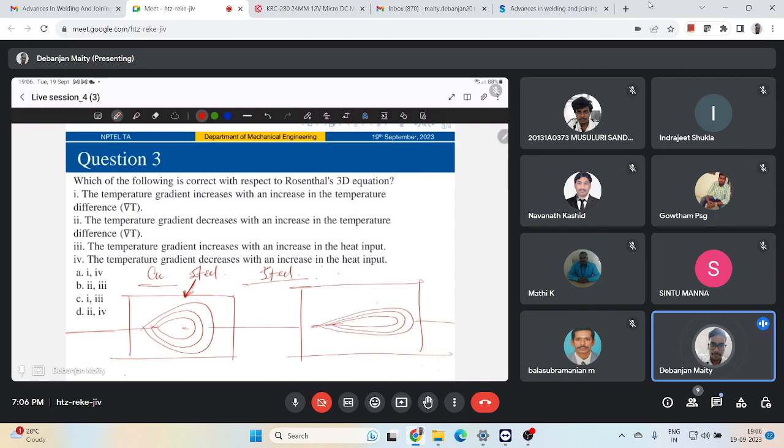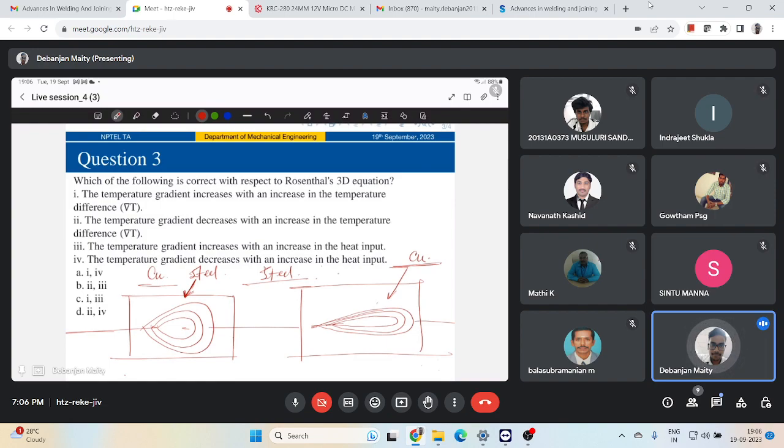That's why it will have a smaller heat affected zone. So for copper, you will see some kind of elongated structure. Now, let's say this elongated contour will be for copper and the wide contour will be for steel because of its heat dissipation property.